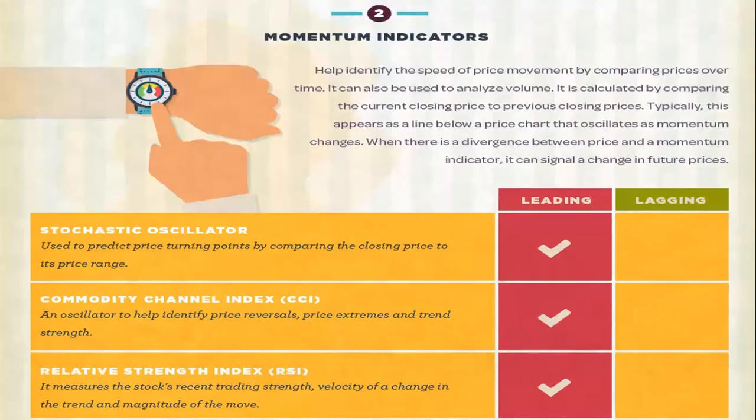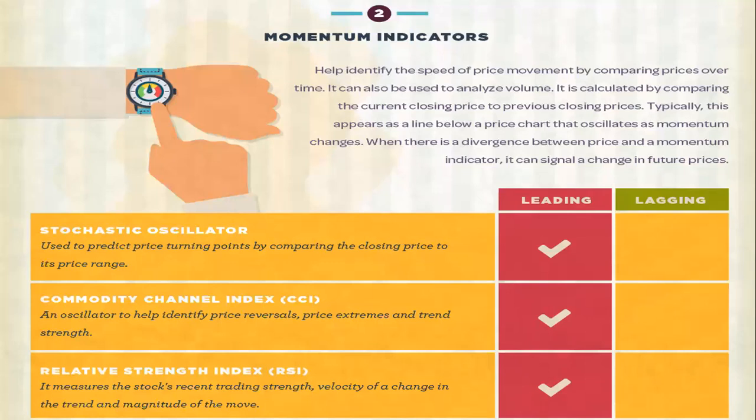Number 2 on the types of indicators, we have momentum indicators. Momentum indicators help identify the speed of price movement by comparing prices over time. It can also be used to analyze volume.